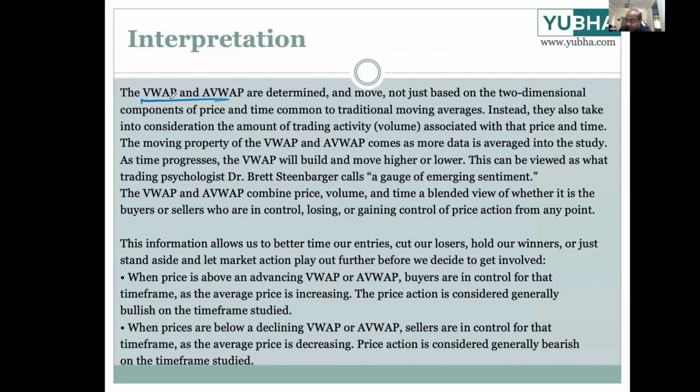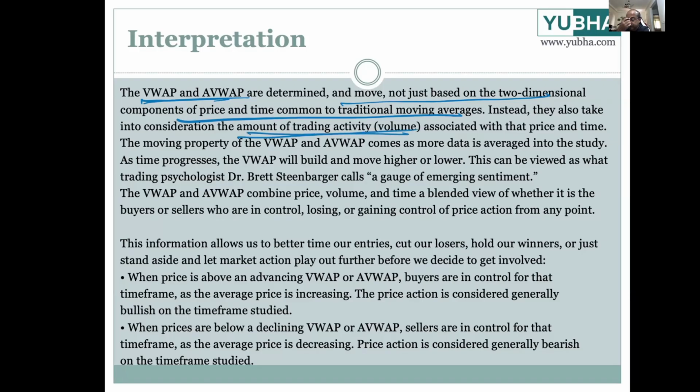So the VWAP and the anchored VWAP, okay, are not just based on the two-dimensional component of price and time, which is the way we have most of the moving averages. Okay, they also take into account the volume of activity.